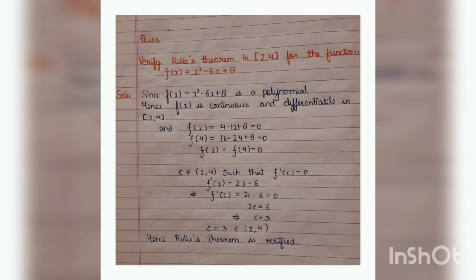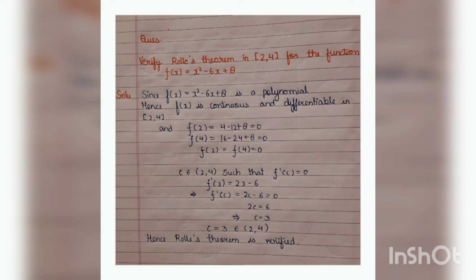Example 2. Verify Rolle's theorem in [2, 4] for the function x² - 6x + 8. Since the function is a polynomial, f(x) is continuous and differentiable in [2, 4]. f(2) is 0 and f(4) is also 0. The third condition is also satisfied.